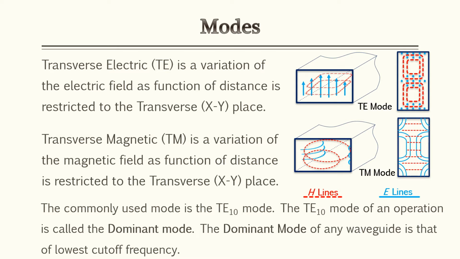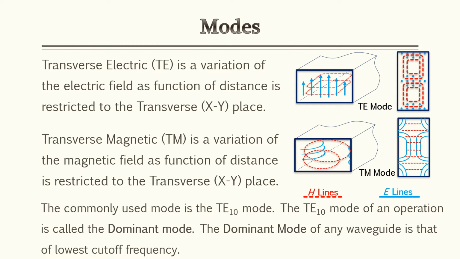When designing your communication system using waveguides, it's best to be familiar with the two different modes, the transverse electric mode and the transverse magnetic mode, TE and TM. The modes are designated by two numeric subscripts, such as TE subscript 10 or TM 11.